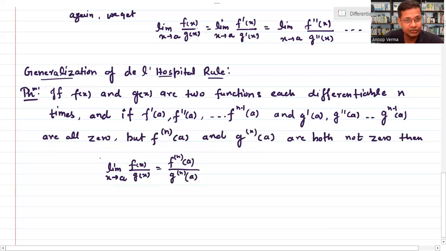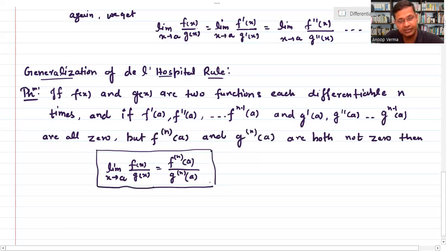Okay, so this is the generalization of L'Hospital. So we will call it only L'Hospital rule. Simply we can apply the L'Hospital rule.